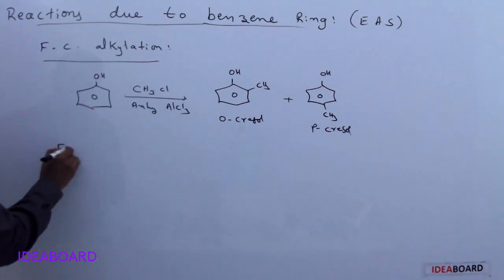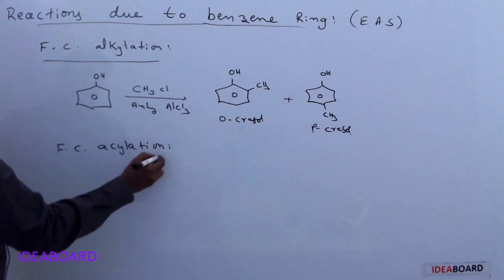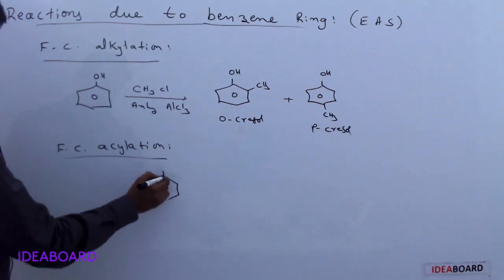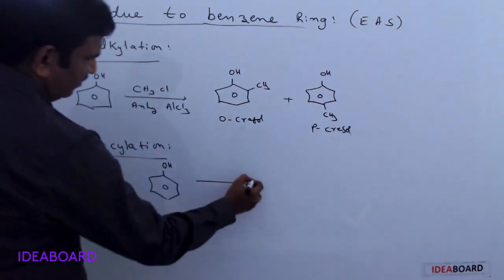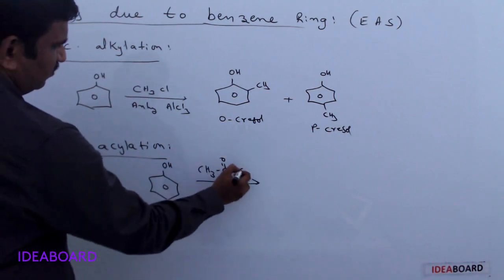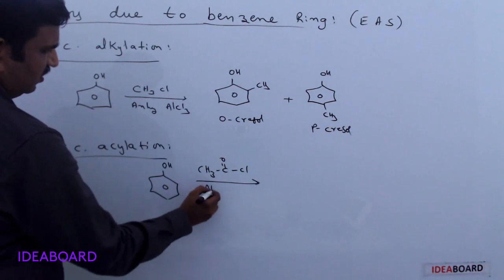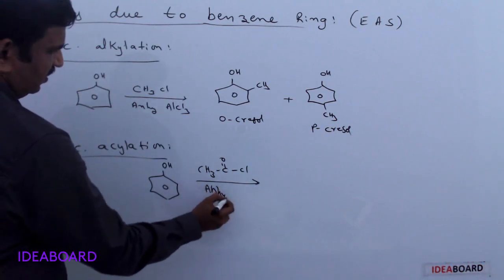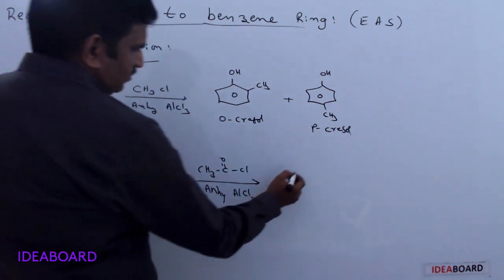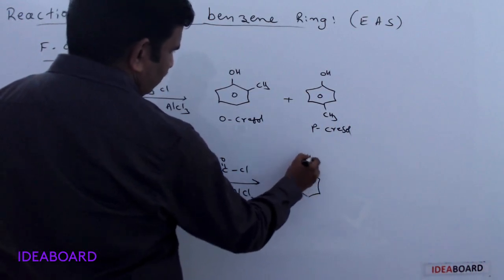And in the same way, the Friedel-Crafts acylation process. In the Friedel-Crafts acylation process, phenol reacts with an acyl chloride, here CH3COCl, in the presence of anhydrous AlCl3, to give orthohydroxyacetophenone.